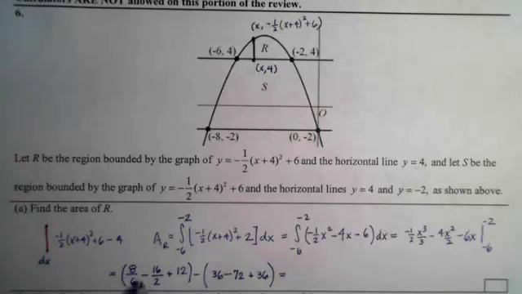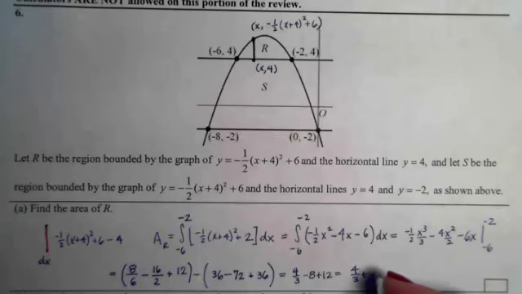I have 4/3 minus an 8 plus a 12. So that's a 4/3 plus a 4, that's a 12/3. So I get an area of 16/3. Now we're ready to move to part B.